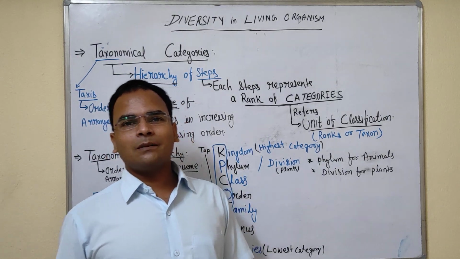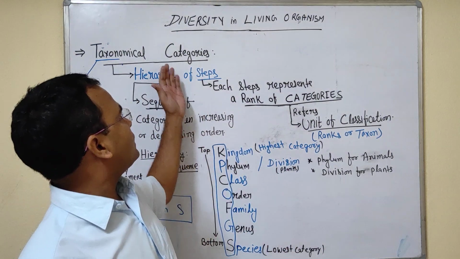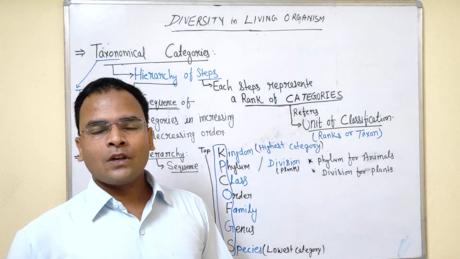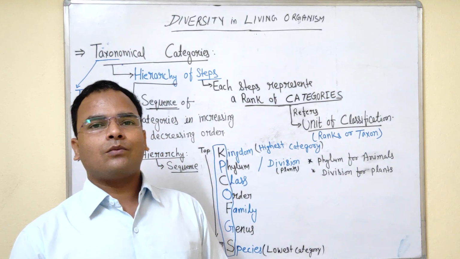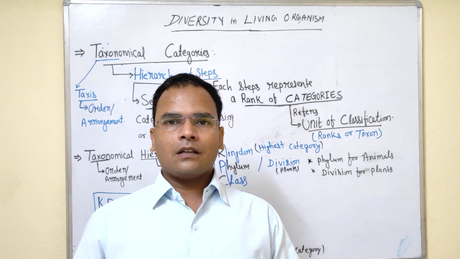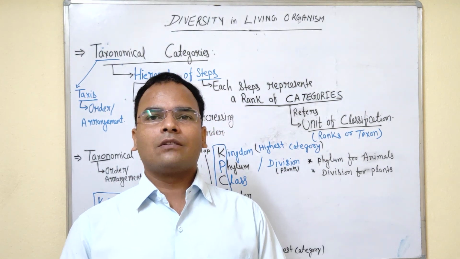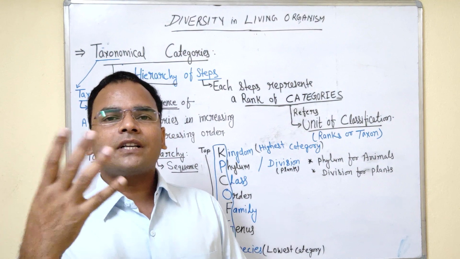So we were studying about biodiversity, and today's topic is the taxonomical categories. In the last class we had a recap of what biodiversity is. It is the science of the different kinds of living organisms. Bio means living and diversity means different kind.